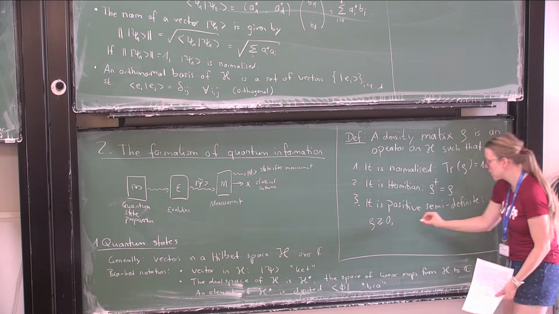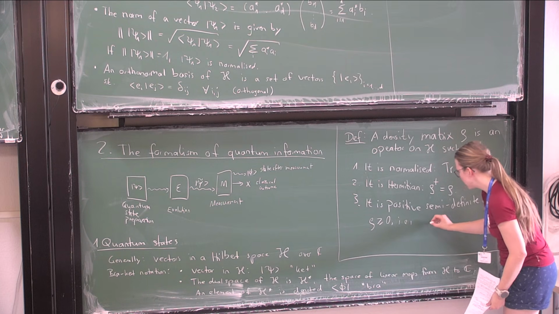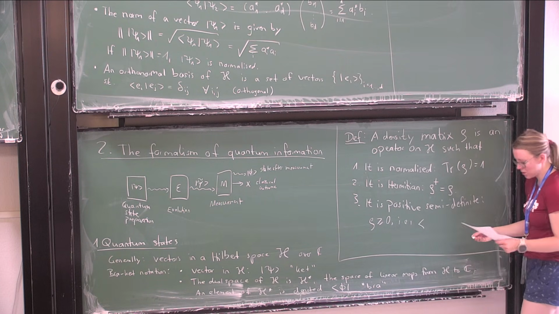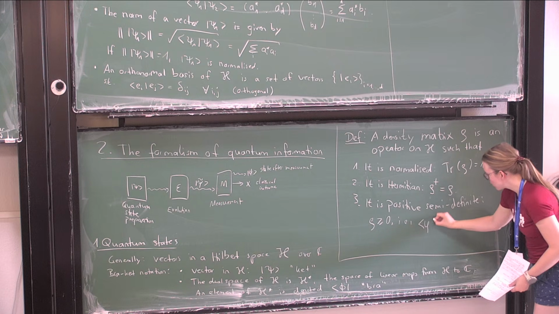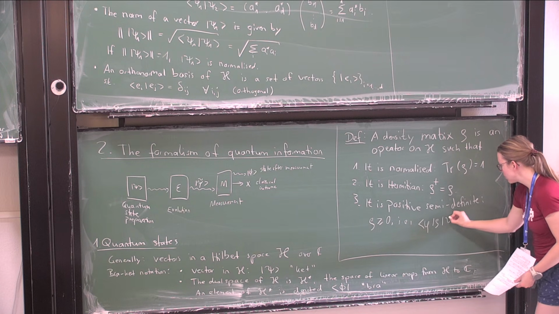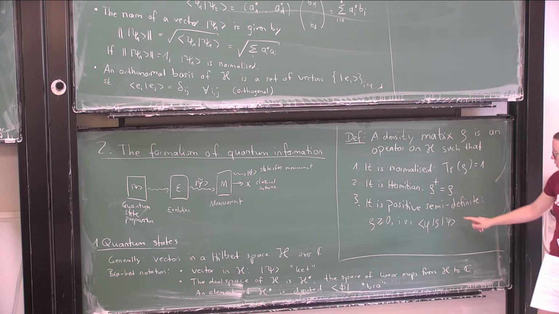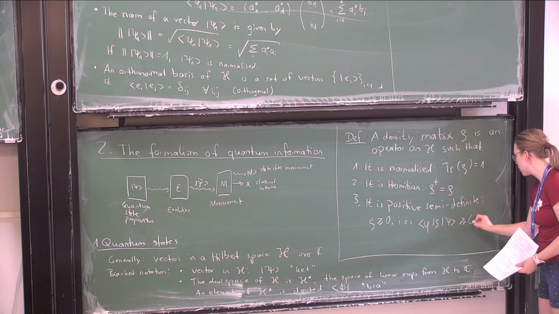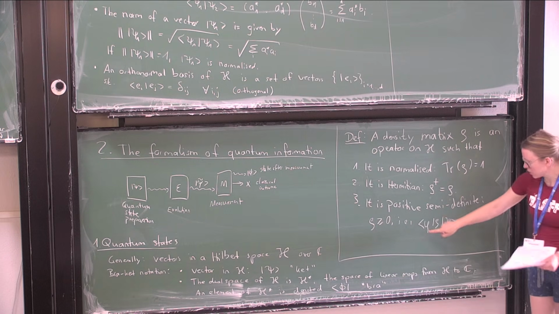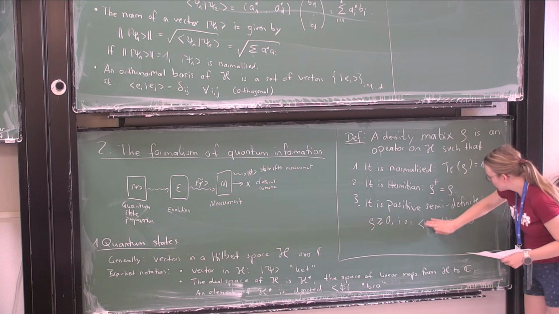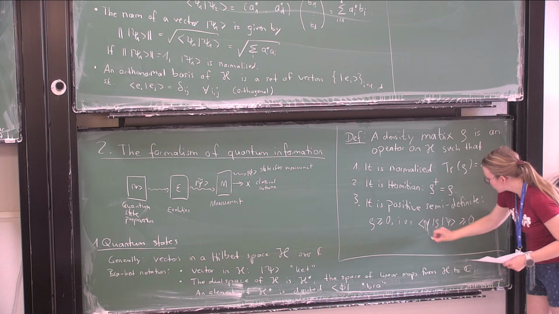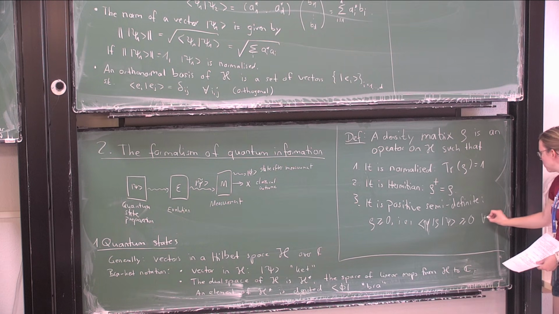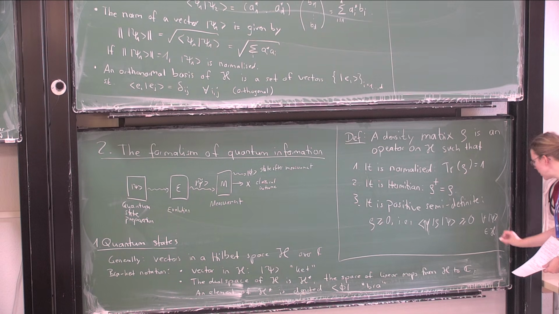That simply means that if I sandwich it between vectors on the Hilbert space, this gives me a number that is always non-negative. Sorry, it is supposed to be the same vector, for all vectors psi in H.